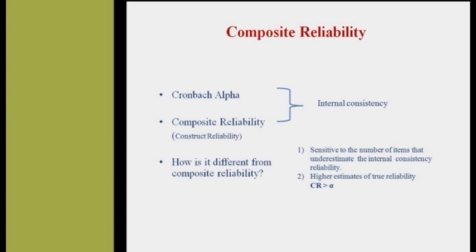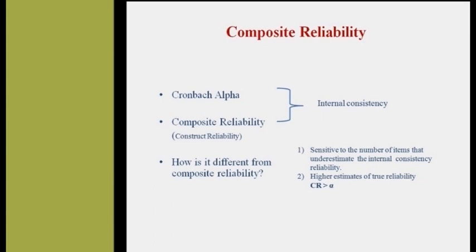During the computation of CR, composite reliability, and AVE, average variance extraction, I will show you in SPSS how the number of items in a scale affects the inter-item correlations or reliability. Second, in the case of composite reliability, what is happening here? It gives higher estimates of reliability.